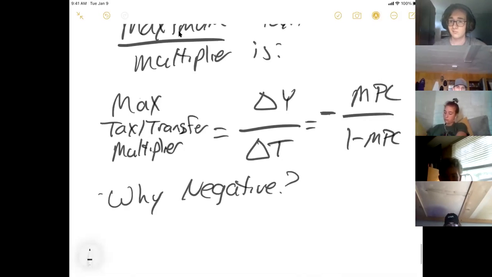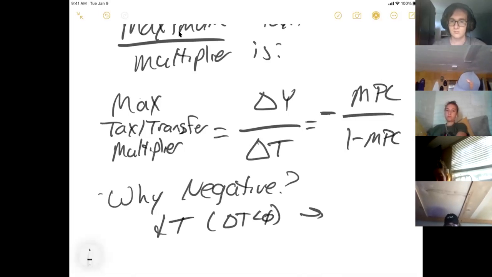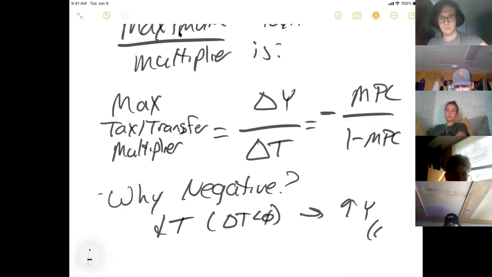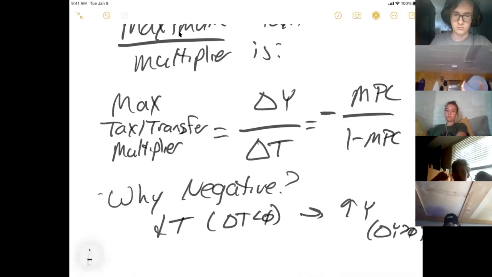Why negative? Because remember that when you cut taxes, output goes up. Or when you give transfers, output has to go up.